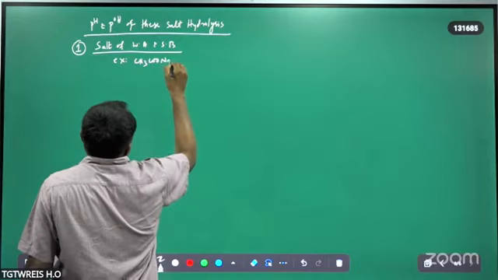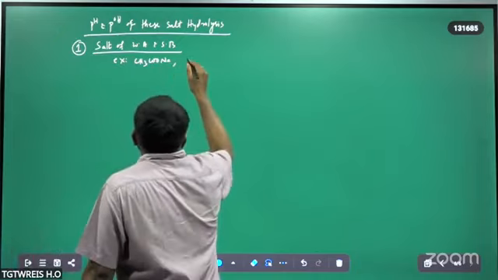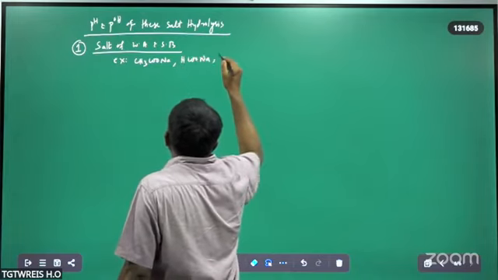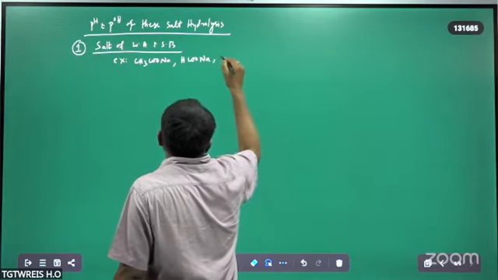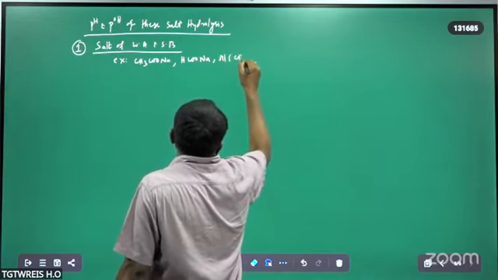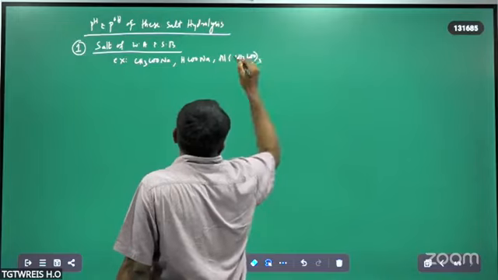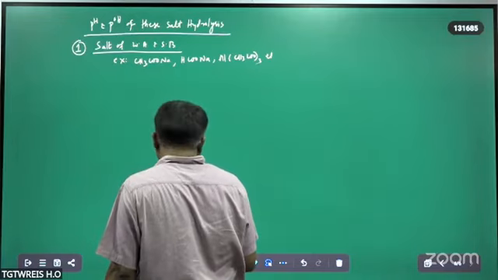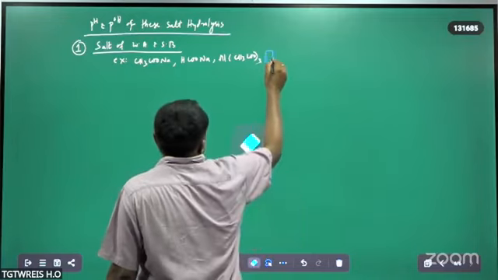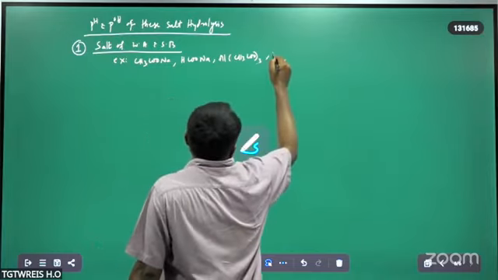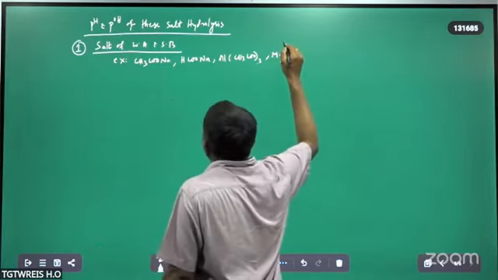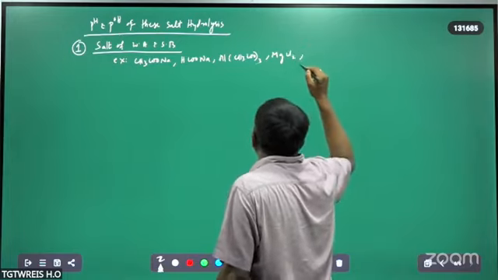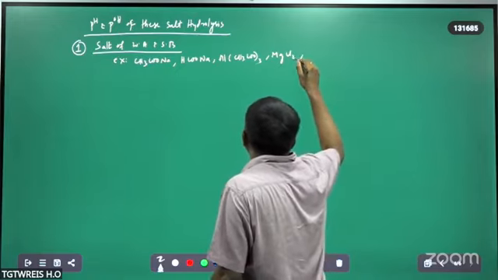By mixing these, you get CH3COONa and HCOONa. Next, aluminium acetate, (CH3COO)3Al, etc. Or magnesium hydroxide plus HCl, you get MgCl2.